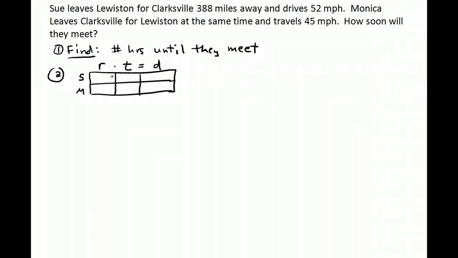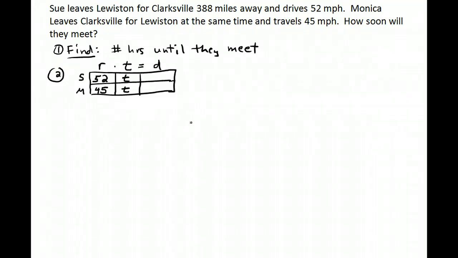So I'm going to fill in my first four boxes using the problem. Sue is going 52 miles per hour. That is her rate, so put it in the rate box. Monica is going 45 miles per hour, so put that in her rate box. Now time is what we're trying to find. That's our variable, so put a t here and a t here.